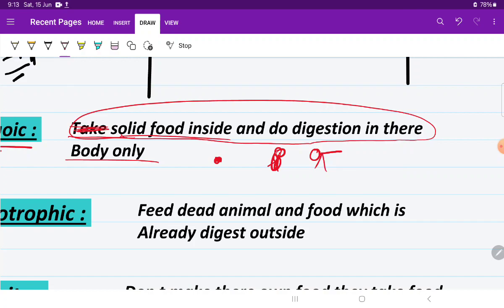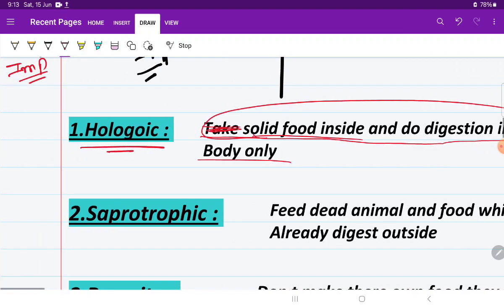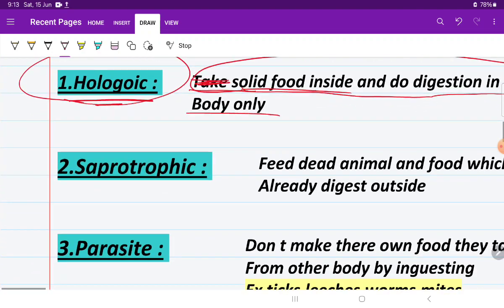My drawing is very bad, students, so don't mind it. It takes this food and digests it in its own stomach. This is known as holozoic.